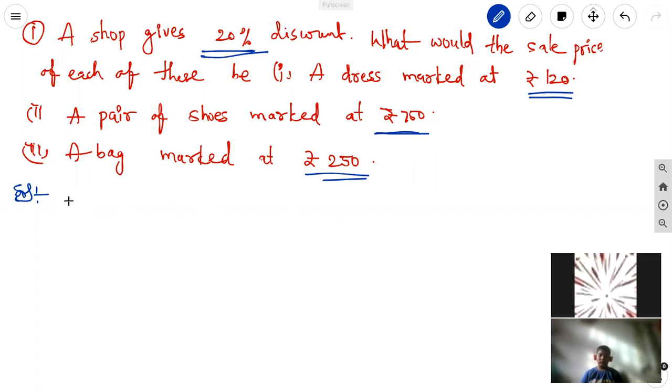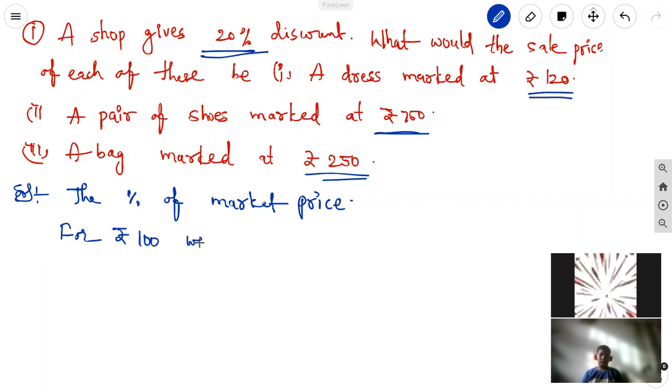Here, first we take the percentage of market price. For 100 rupees, that is equal to 100 percentage.